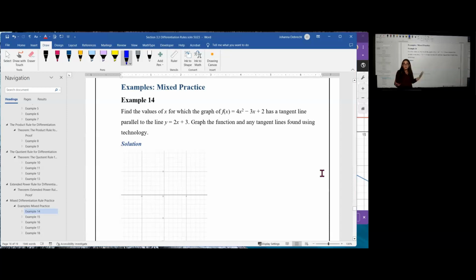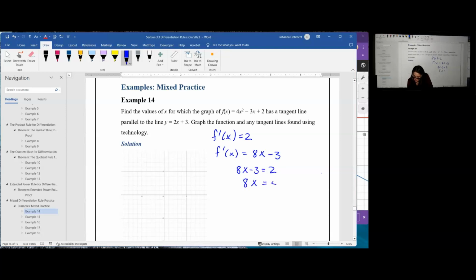In other words, 2. In that case, I know that f prime of x has to equal 2 since parallel lines have the same slope. Now I take the derivative of my function, which gives me 8x minus 3, and I set that equal to the 2 and solve for x.